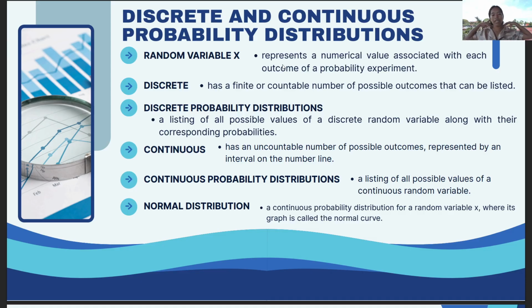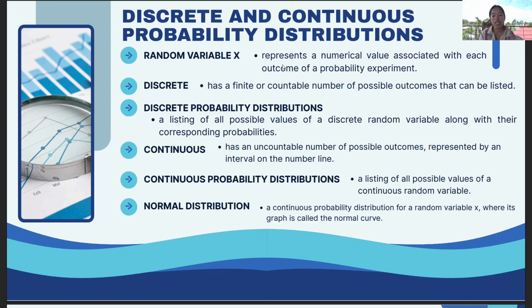And a discrete probability distribution is a listing of all possible values of a discrete random variable along with their corresponding probabilities. Continuous has an uncountable number of possible outcomes, represented by an interval on the number line. And a continuous probability distribution is a listing of all possible values of a continuous random variable.